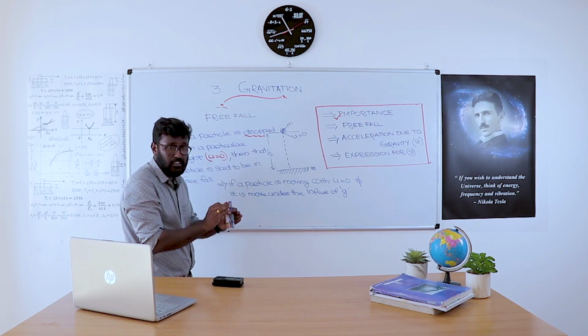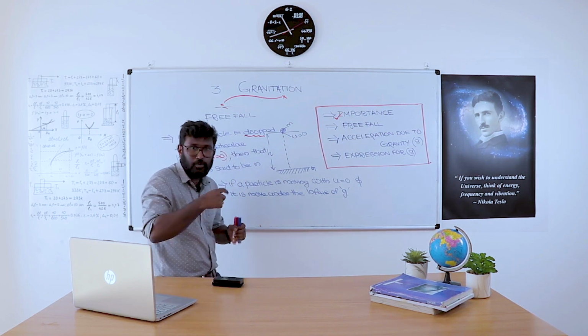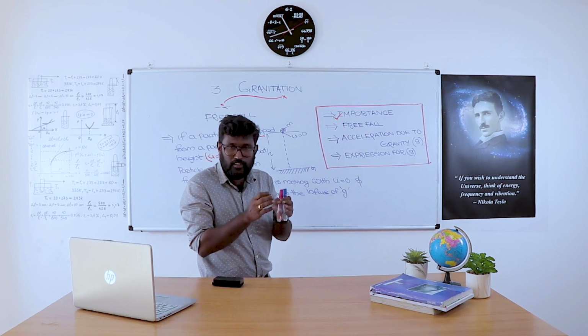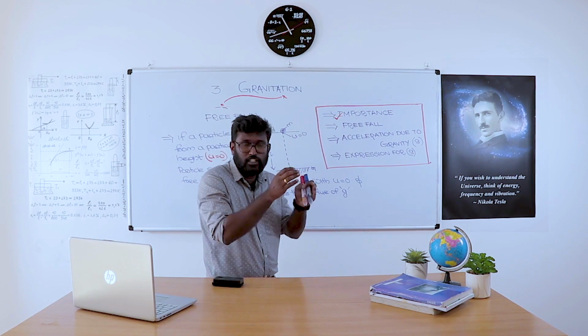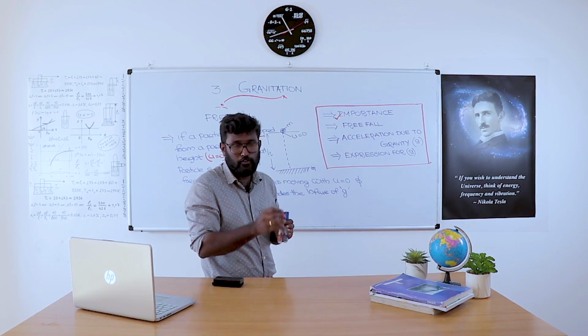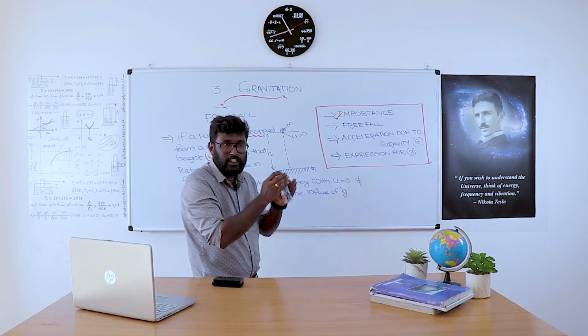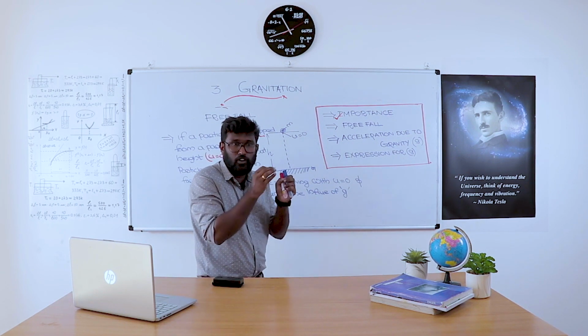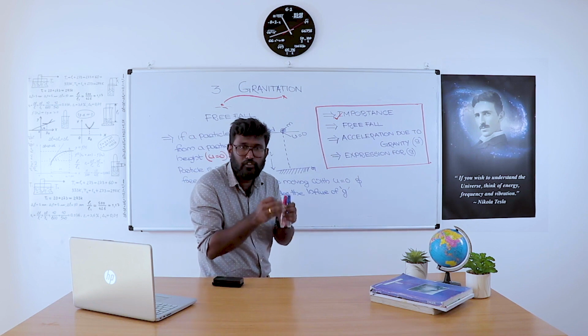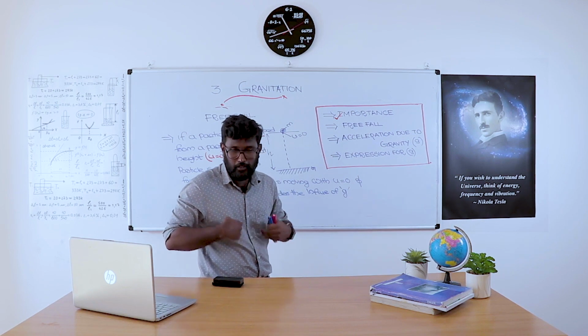So what is free fall? If a particle is dropped from a particular height, that means the initial velocity of the particle is 0, then that particle is said to be in free fall. What acceleration acts in the case of free fall? The only acceleration acting in the case of free fall is the acceleration due to gravity.